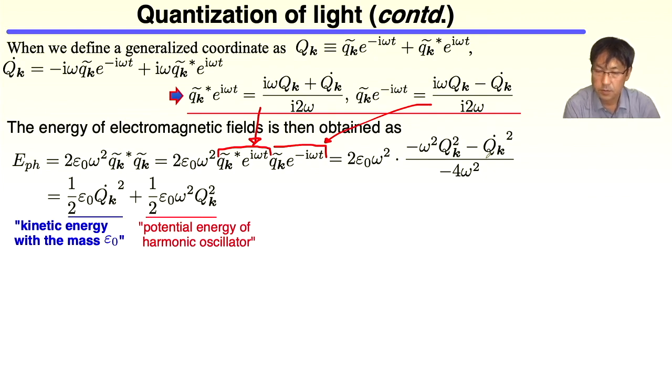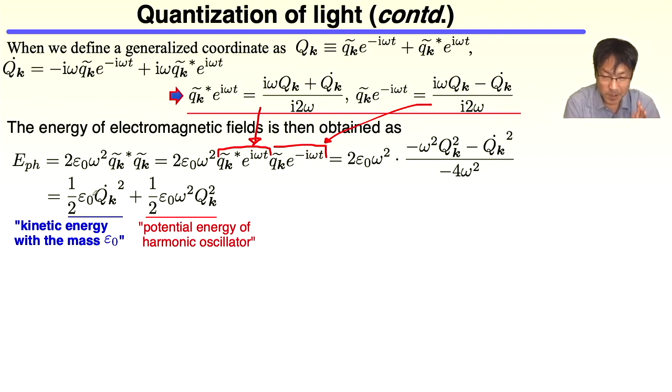And by further calculation, the energy of the electromagnetic field is also expressed by using the sum of these two terms from this one. Okay? And when we see this result, we can understand that the form is quite similar to the harmonic oscillator.